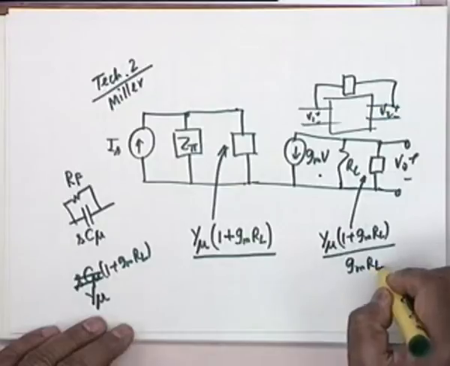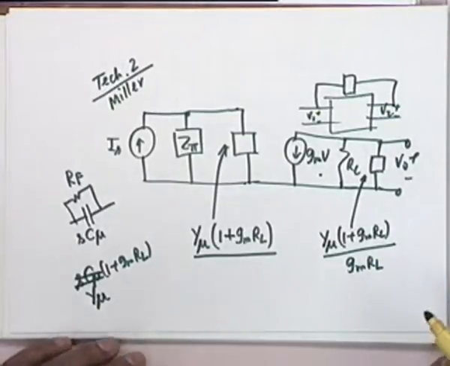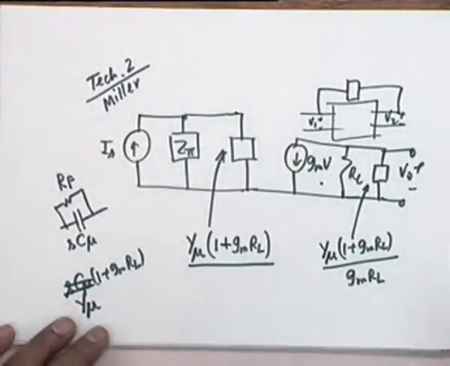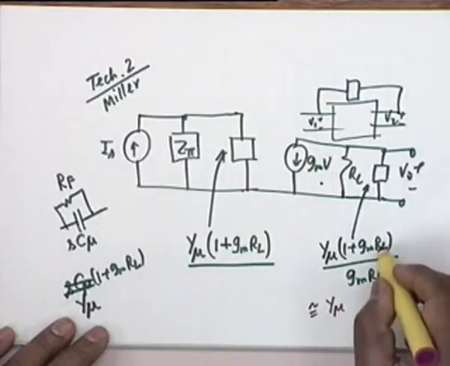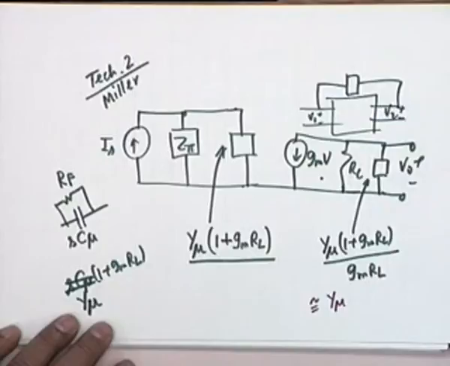That is correct. And it is equal to Y mu only under the condition, no, 1 minus gain divided by gain magnitude. Gain magnitude, yes. Now, it would be approximately equal to Y mu if GMRL is much greater than 1, which we assume. Alright.